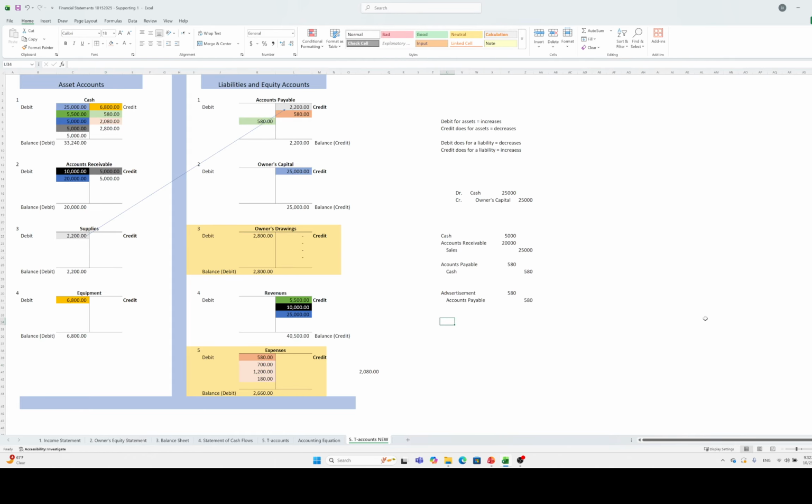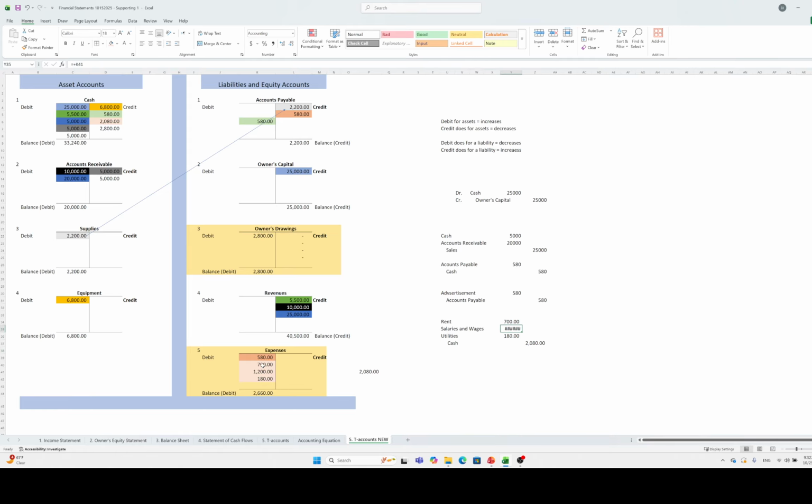If I just write it for you, we write rent, salaries and wages, utilities, and then we write cash. We need to indent it. I'm going to show you very intuitively how to do that when we do a journal entry.